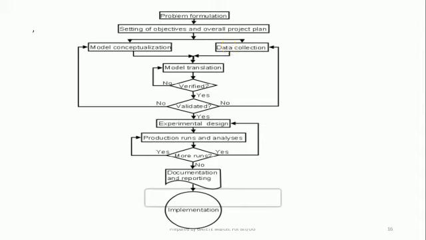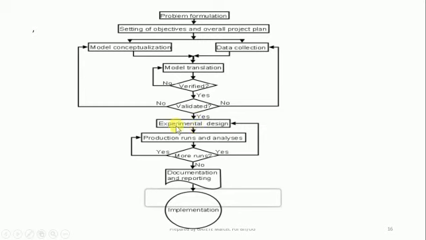So if it has been validated here, you will go to experimental design. Experimental design means that you are going to design your system using professional skills. After designing your system, you are going to production, runs and analysis.